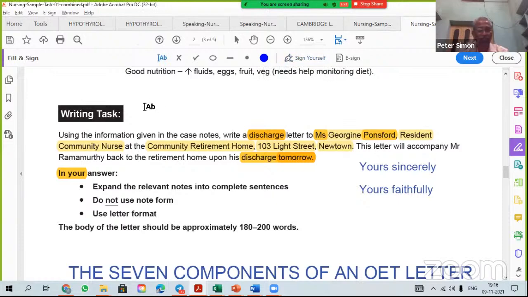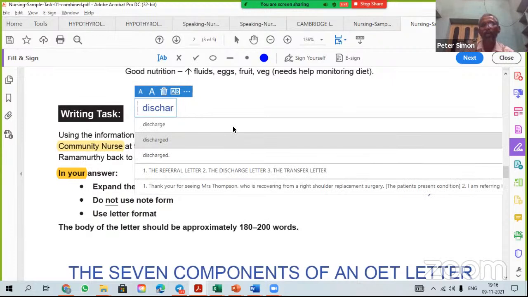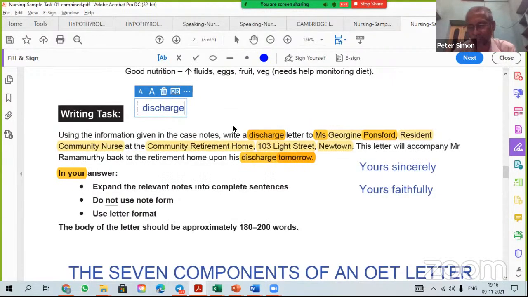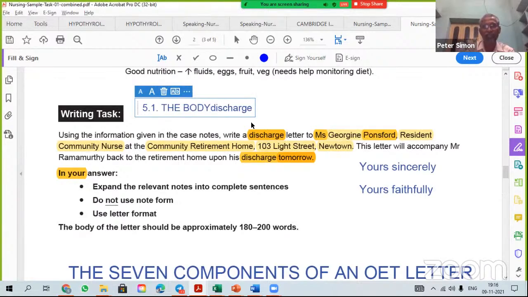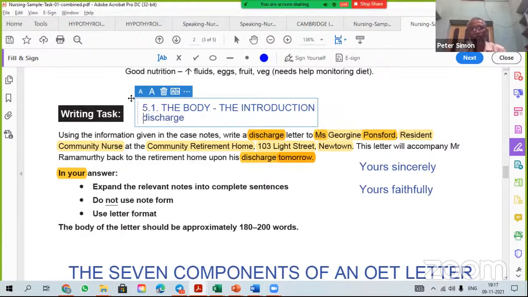So discharge. Discharge is one word which will go into the introductory. So this is the introduction. So we are writing the introduction now. Suppose in the introduction, what are the things that will go? So 5.1 is the body, the body introduction.